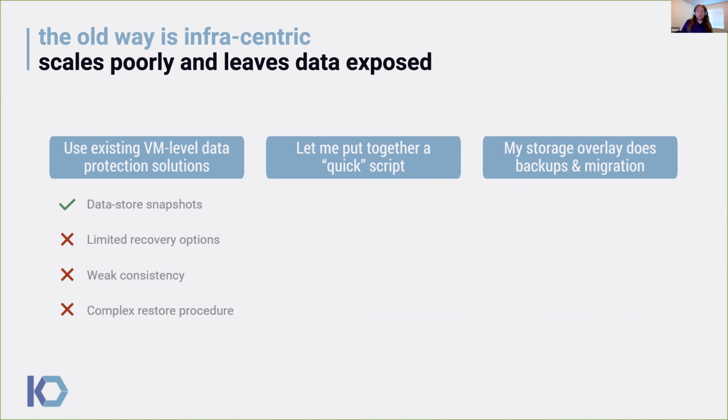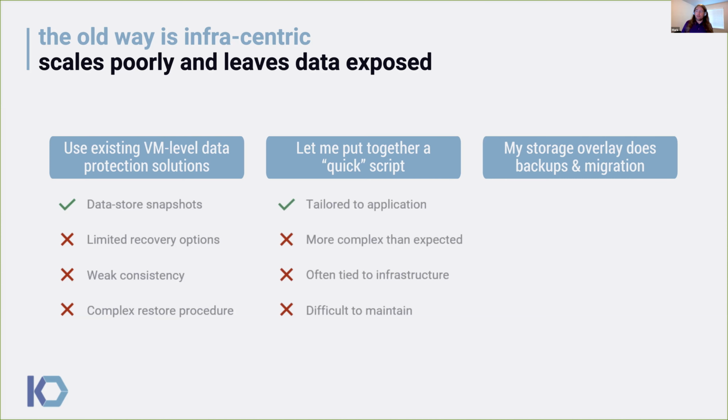Another way that some folks try to solve this is with a quick script. But as you know, a quick script is rarely ever quick. Soprasteria, for example, tried to use AWS Lambda to back up their applications. It works great on day one as it's tailored for your specific application.